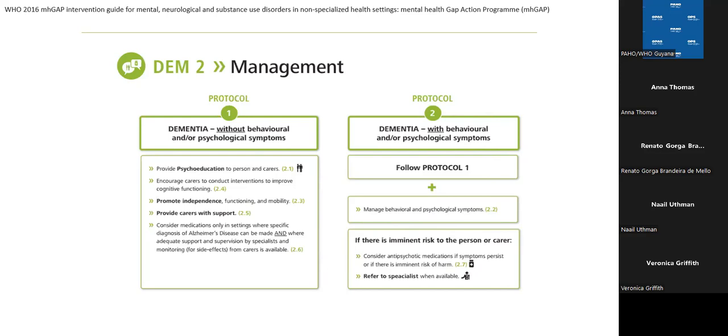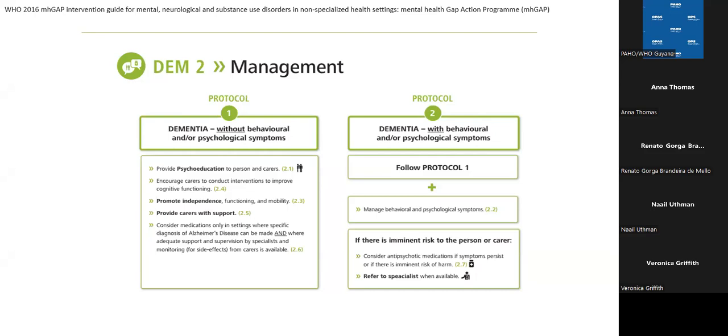Non-pharmacological actions are much more efficient than antipsychotic medications to treat behavioral and psychological symptoms.